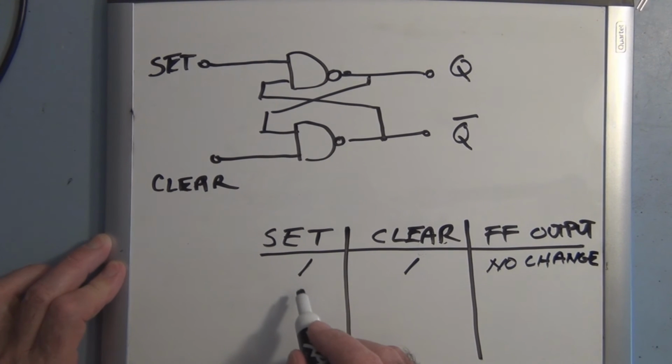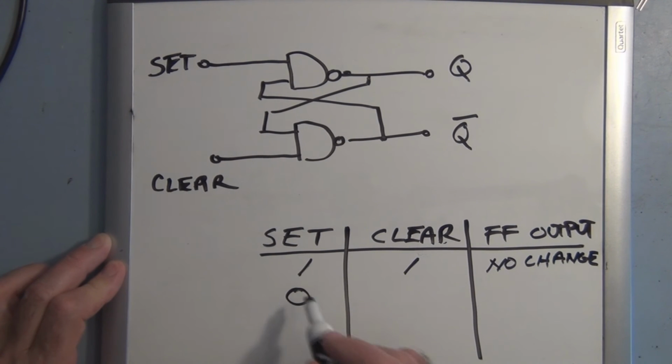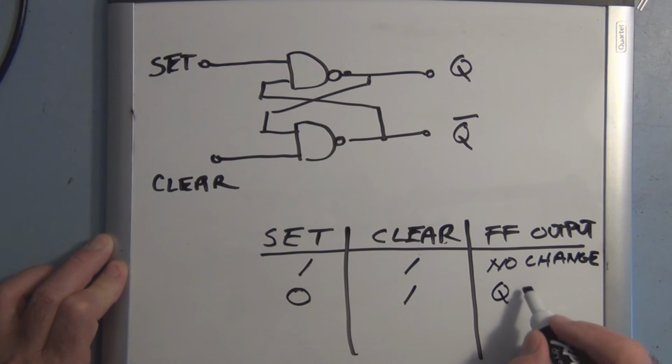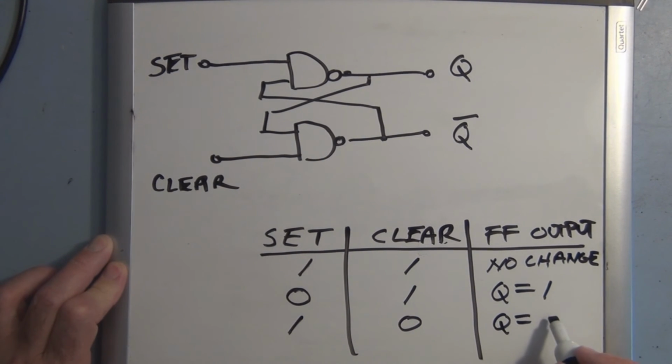And if we want to set Q, we have a 0 on the set and a 1 on the clear, and Q will equal 1, and a 1 on the set and a 0 on the clear sets Q to 0, and a 0 and a 0 is the ambiguous setting or illegal state.